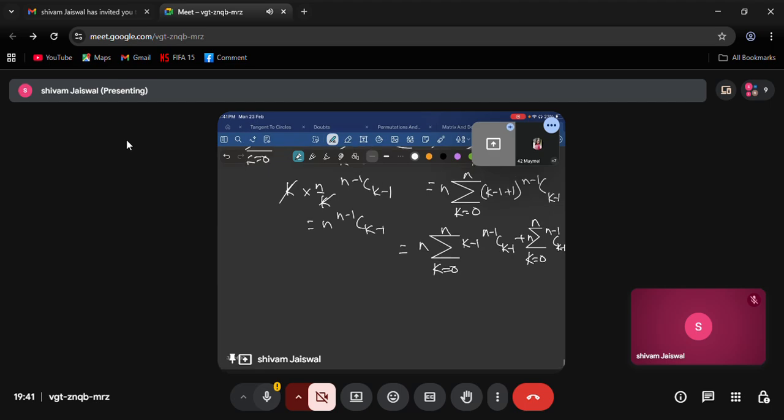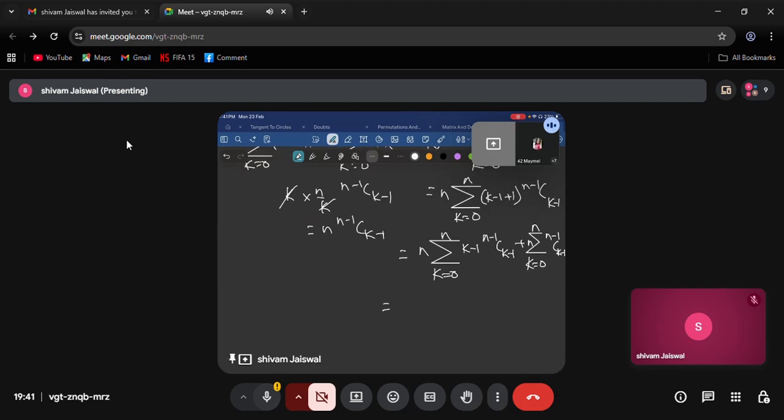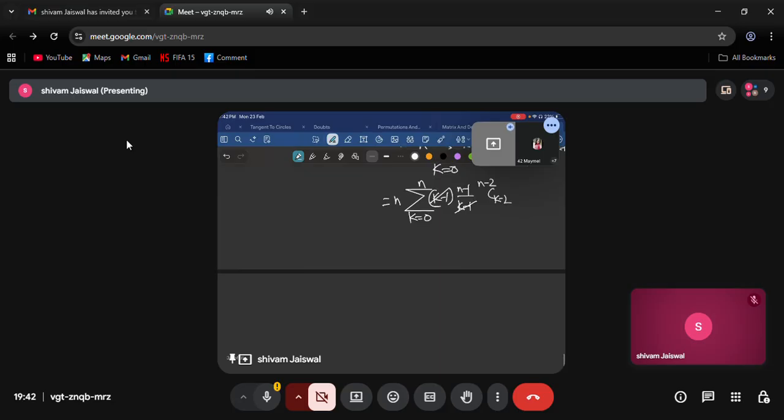So this will become summation of k minus 1. So again n minus 1 will be outside. So it will become n into summation of k equal to 0 to n, k minus 1 into n minus 1 by k minus 1 into n minus 2 Ck minus 2. k minus 1 will get cancelled. n minus 1 will be outside.